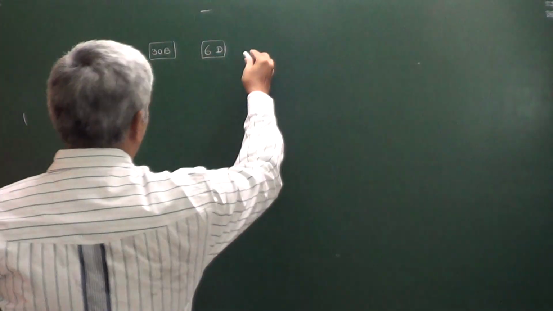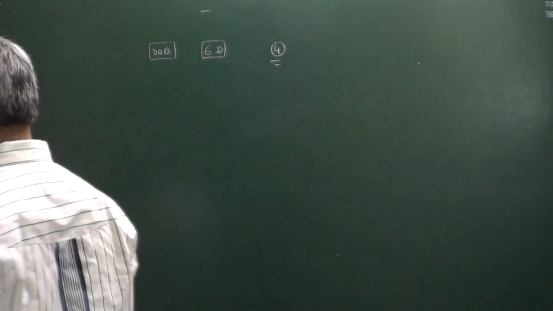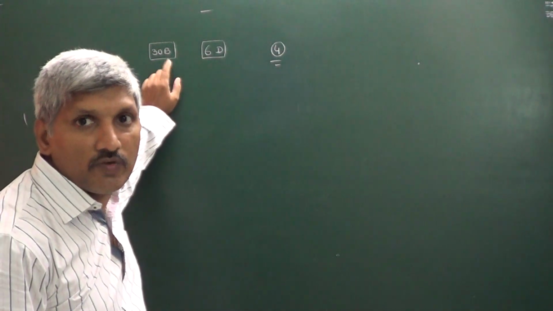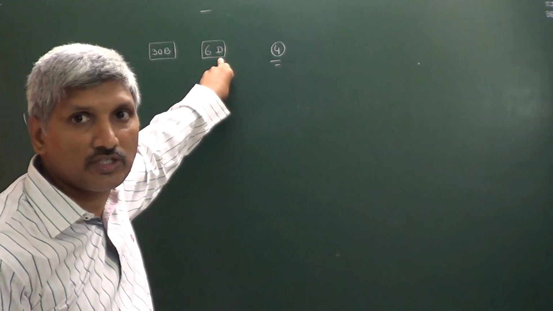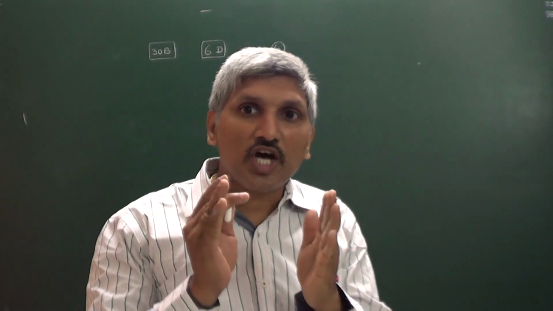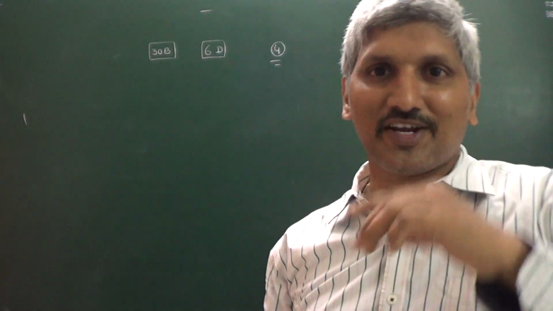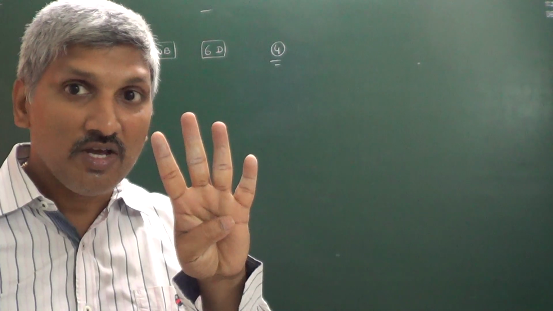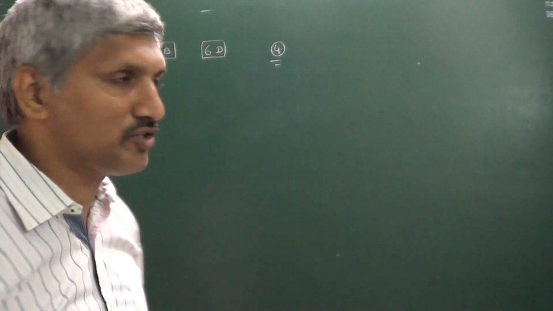From these 30 bulbs we are drawing 4 bulbs. We have to find the probability distribution of the number of defective bulbs.